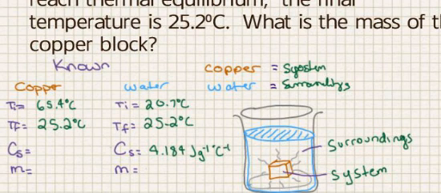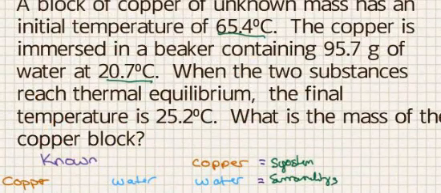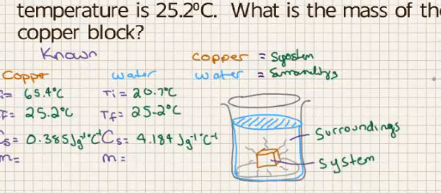And the specific heat capacity of copper is 0.385. The mass of water is given to us at 95.7 grams, and we're looking for the mass of copper.